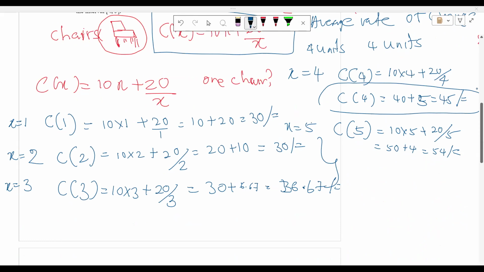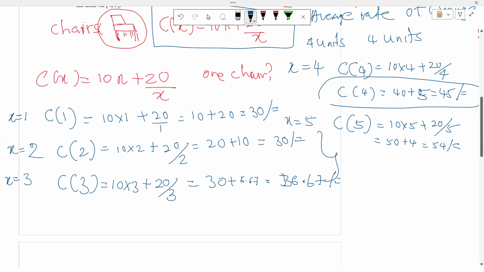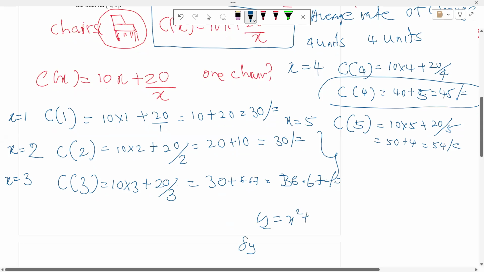Average rate of change, I already told you: if you have a function f of x, say y equals x squared minus 3x or something, then delta y over delta x is the average rate of change, right? Now, average rate of change means we need to find delta C over delta x.